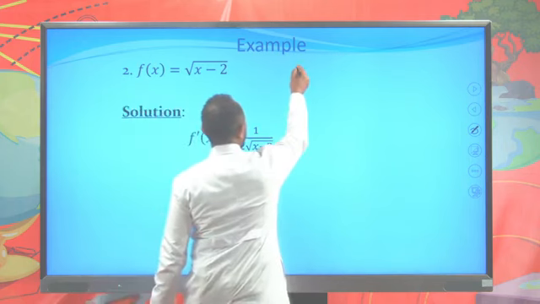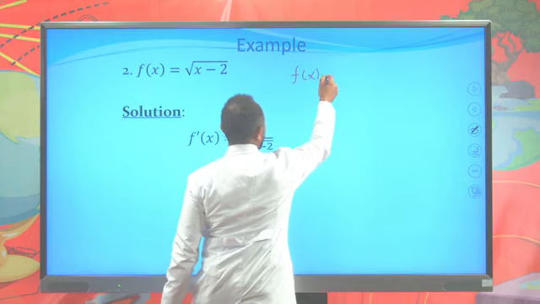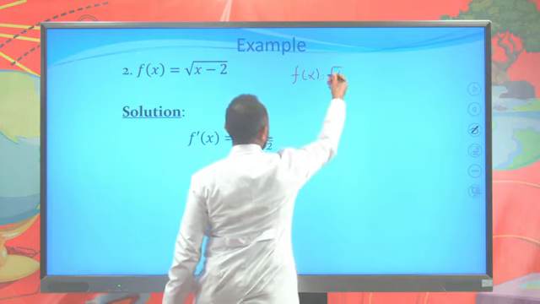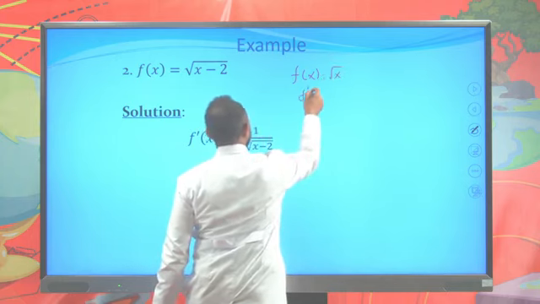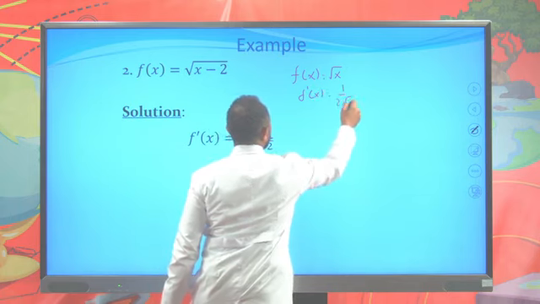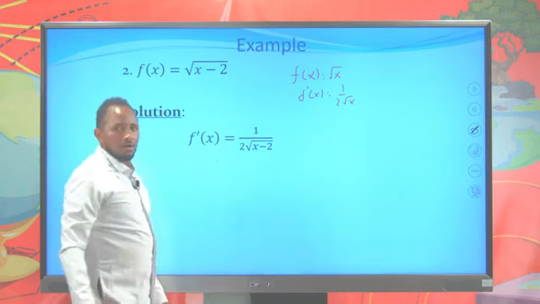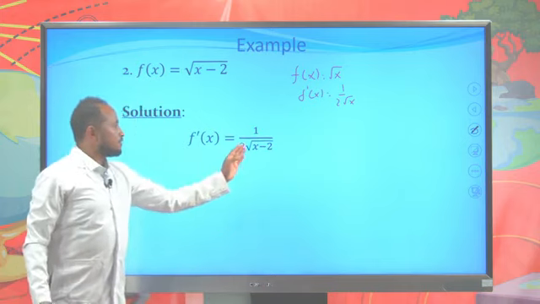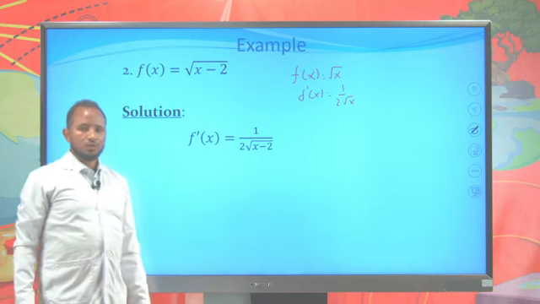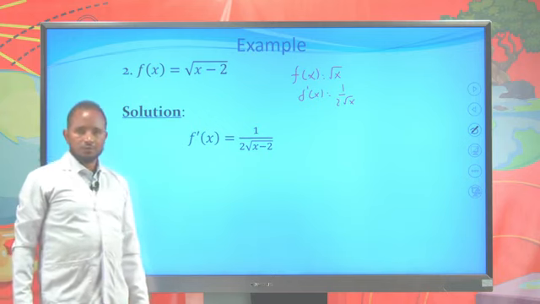If we have the function square root of x, the derivative of the square root of x is 1 over 2 square root of x. Similarly, the derivative of this expression is 1 over 2 square root of x minus 2.